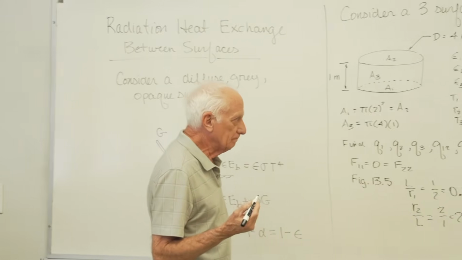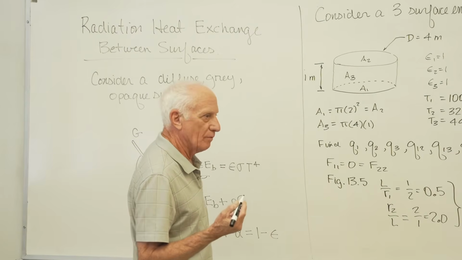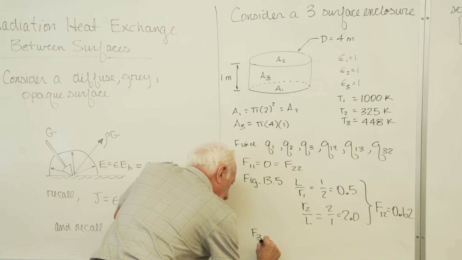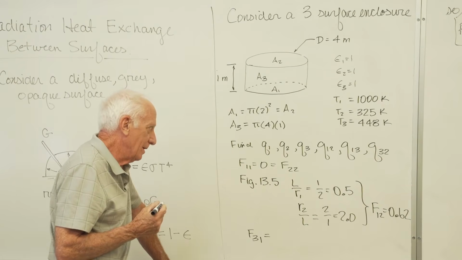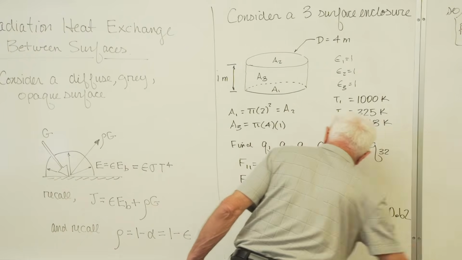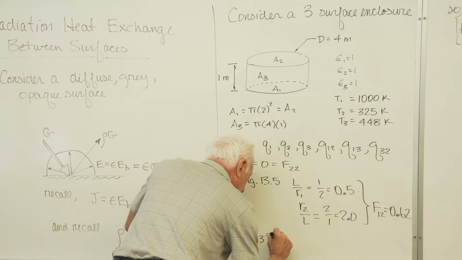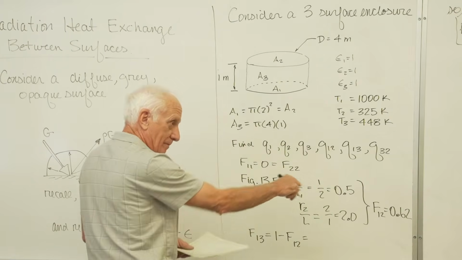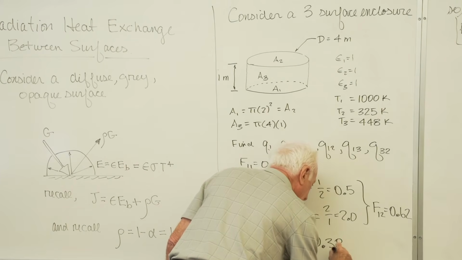Okay, that's one. F12. I need another one, F13. Okay, F13. Enclosure law. F11 plus F12 plus F13 equal 1. F11 is 0. So F13 is 1 minus F12. 1 minus 0.62, 0.38.